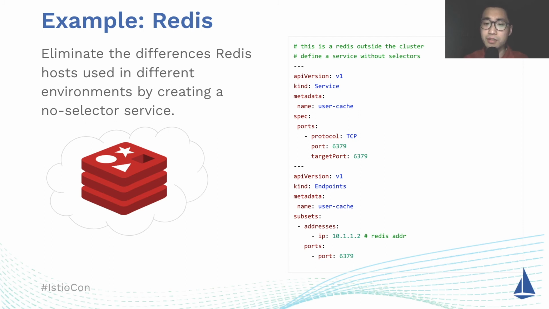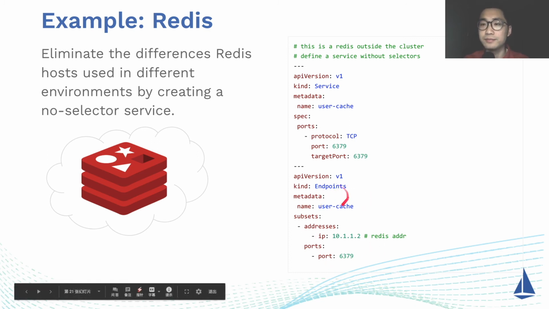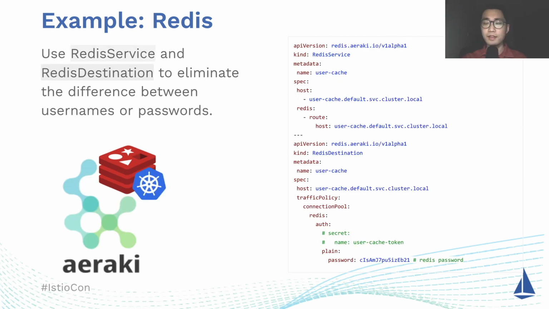In order to keep the same host between all environments, we could use a service without selectors. Like the YAML shown on the right, we define a service and an endpoint, and then we put the Redis addresses here. Next, we create a Redis service and Redis destination to eliminate the difference between passwords or usernames.